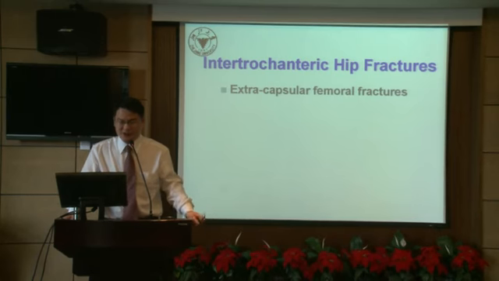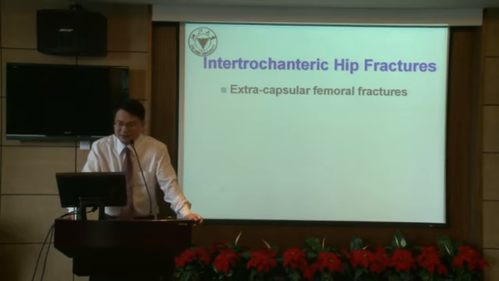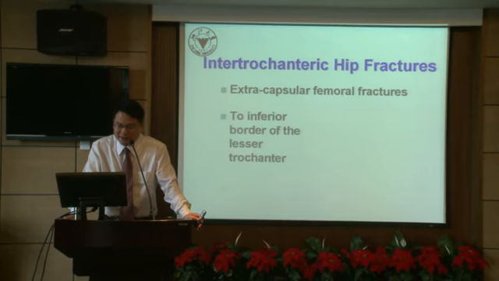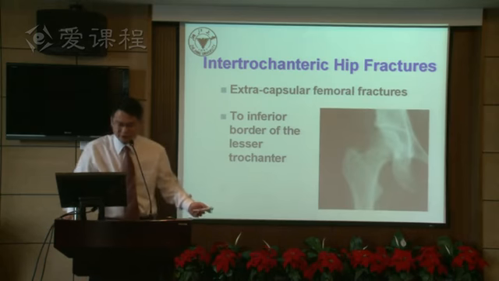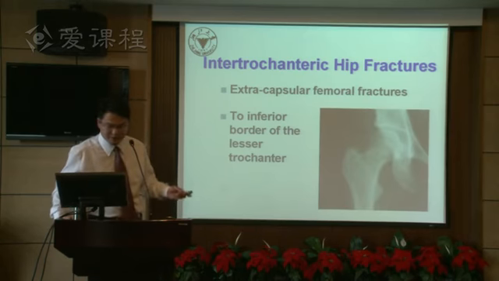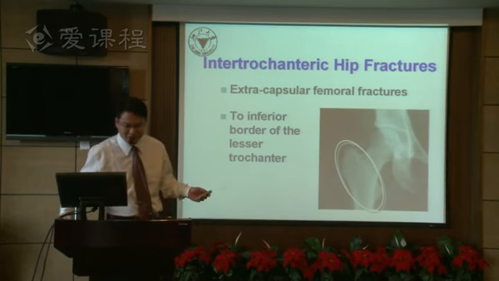Okay, the next one is intertrochanteric hip fractures. And these are extracapsular femoral fractures. The area of the intertrochanteric region is here, down to the inferior bottom of the lesser trochanter.